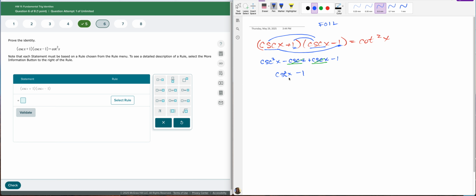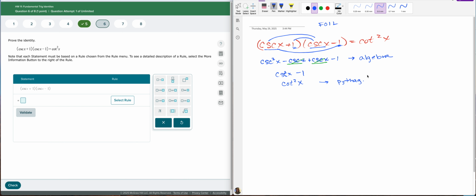I know that cosecant squared minus 1 is equal to cotangent squared x. So now let's think about what we did. That first step, we multiplied, so that would just be considered algebra. But when I made the replacement, that was a Pythagorean identity.